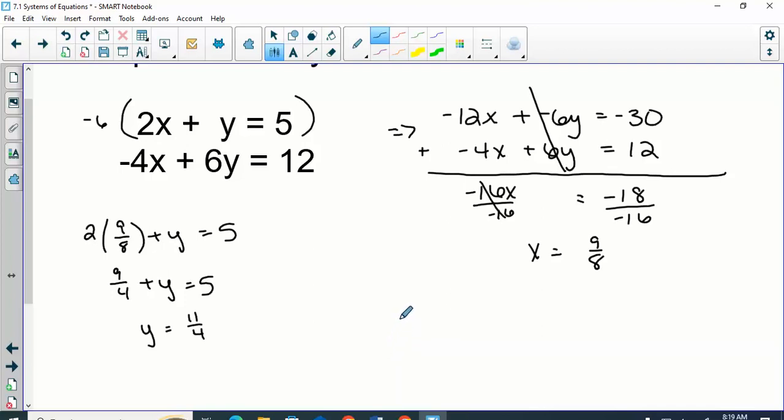Hmm? And then, could we check these if we wanted to? Yeah. Yeah, you just plug them into both equations and make sure it works. Alright, is that one okay?